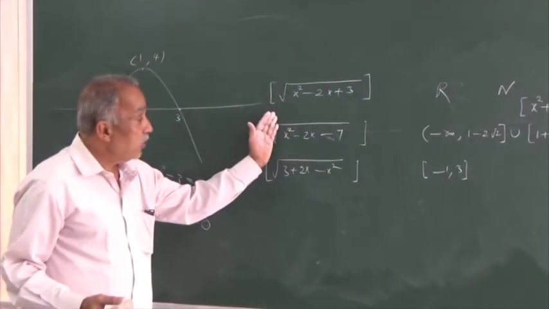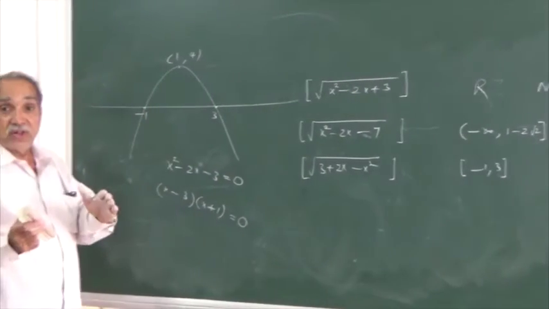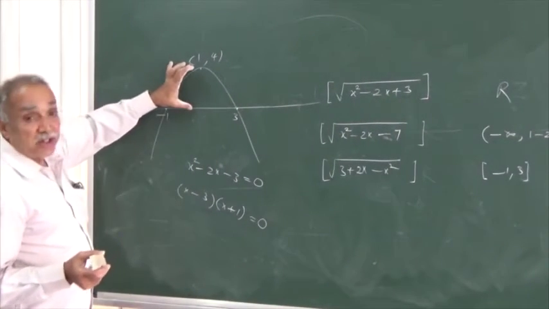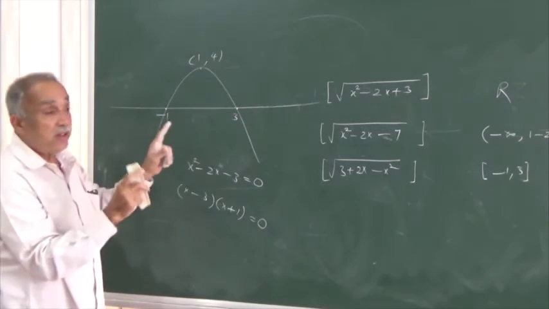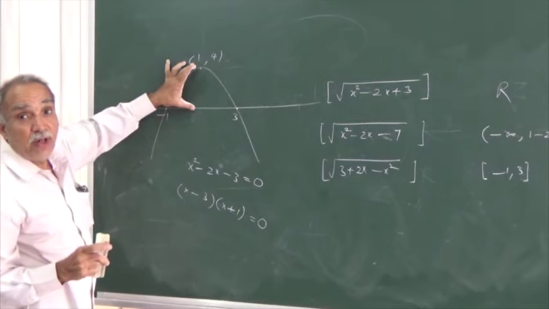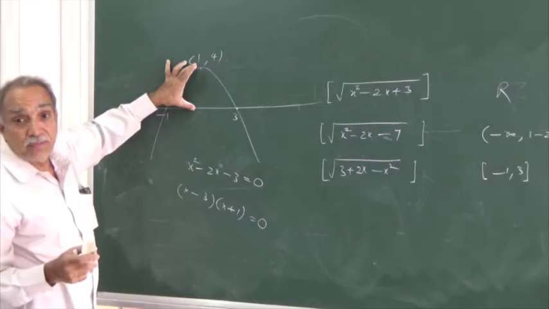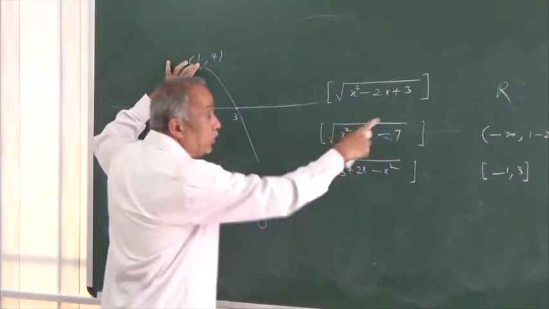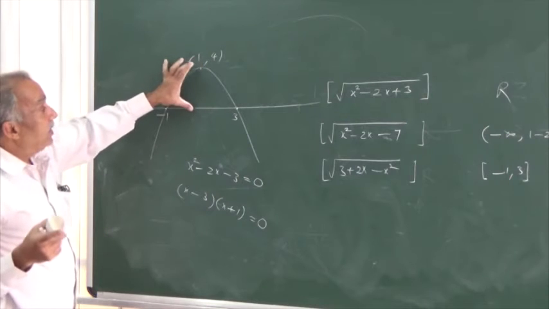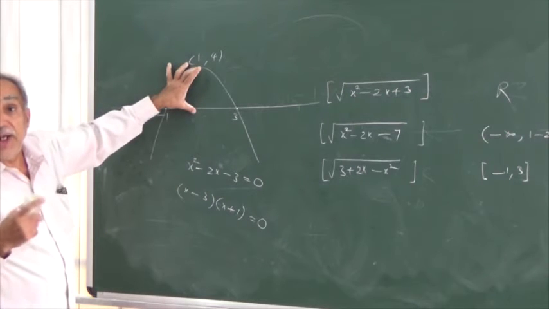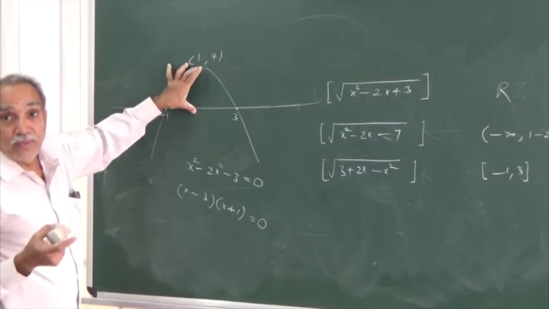The part x square minus 2x minus 7, it is clear from the graph, takes values between 0 and 4, 4 including, as long as x lies between minus 1 and 3. Therefore, the square root of the quadratic 3 plus 2x minus x square will take values between 0 and 2, including 2.